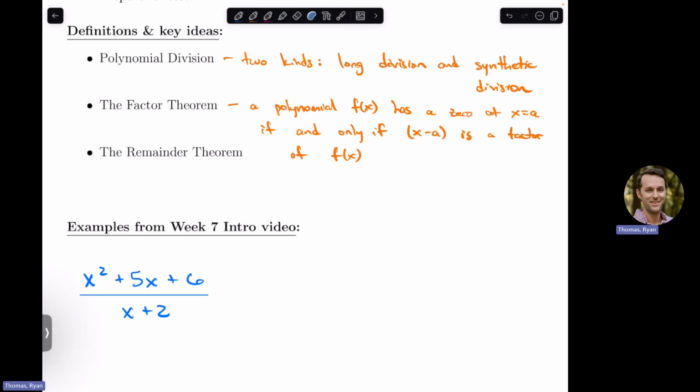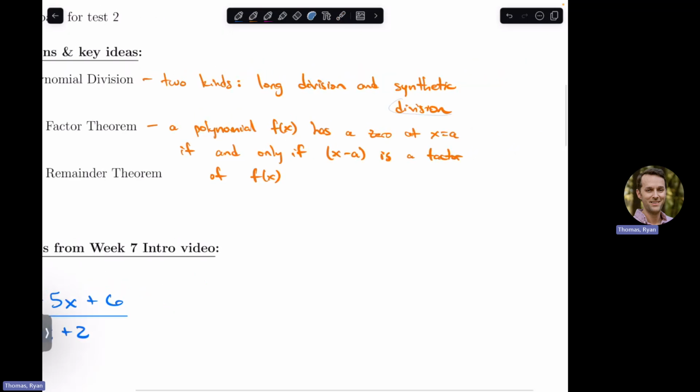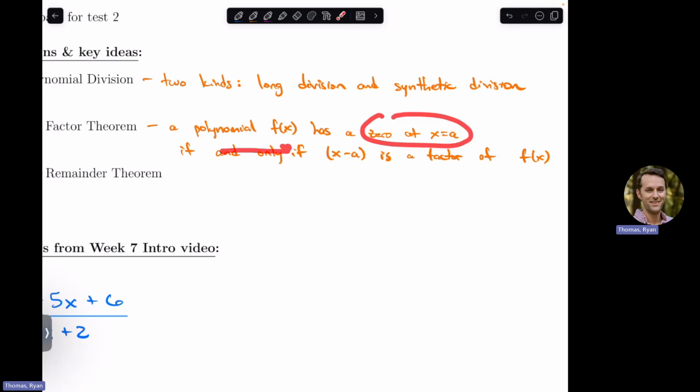We've also used the other direction in interpreting graphs: if we know a 0, then we know about a factor. So if I start with a graph and find some zeros, then I can identify factors.